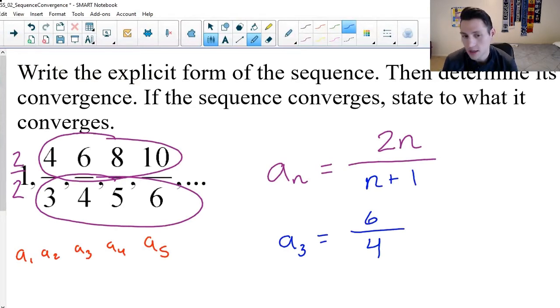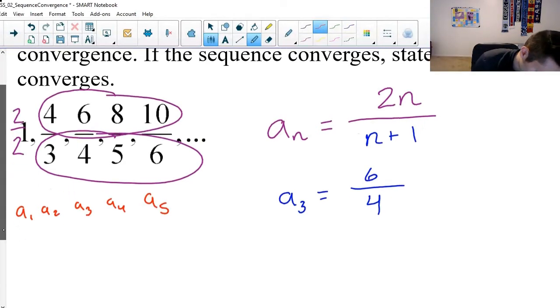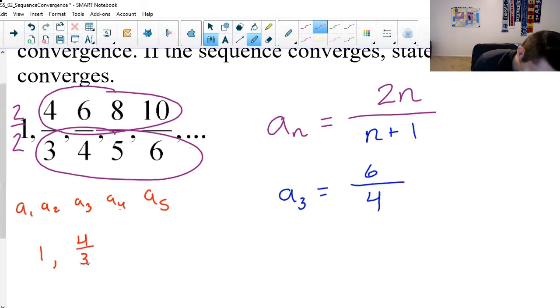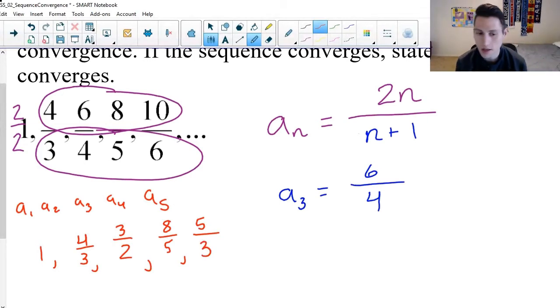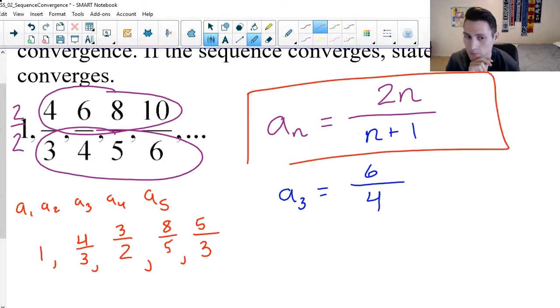So the tough part will be, a sequence probably won't look like this, because you might notice that those fractions are definitely not simplified or reduced, besides the 1. So the real question would be, could you look at this sequence and determine that this is the correct explicit form?